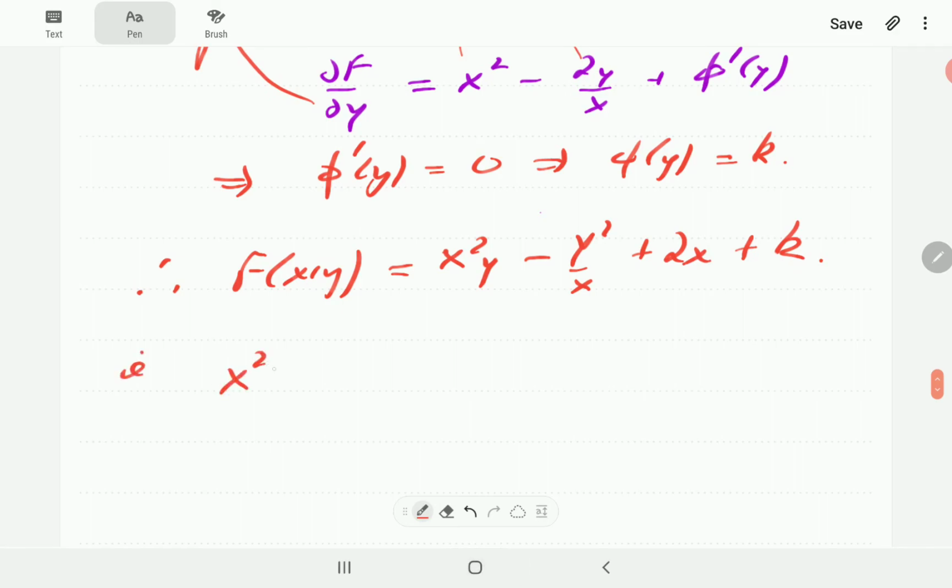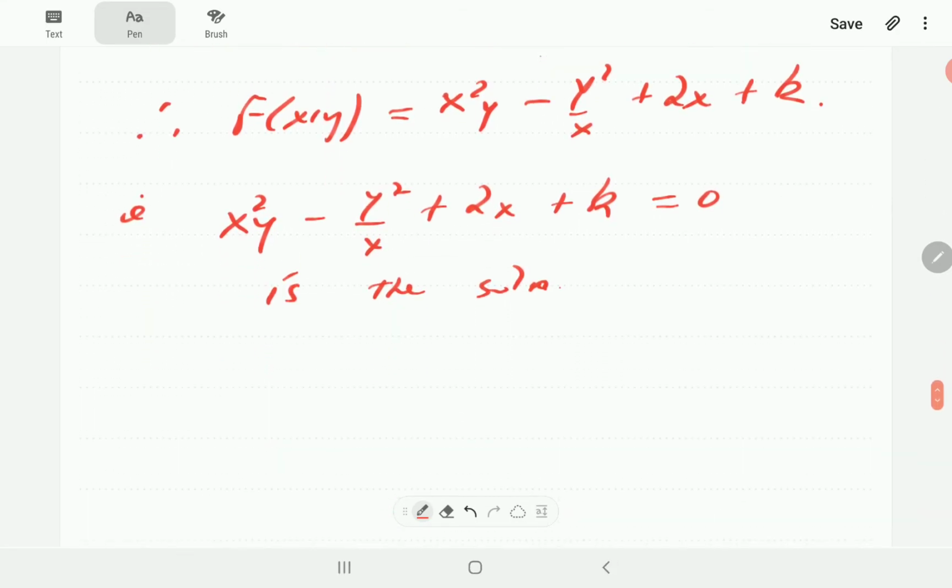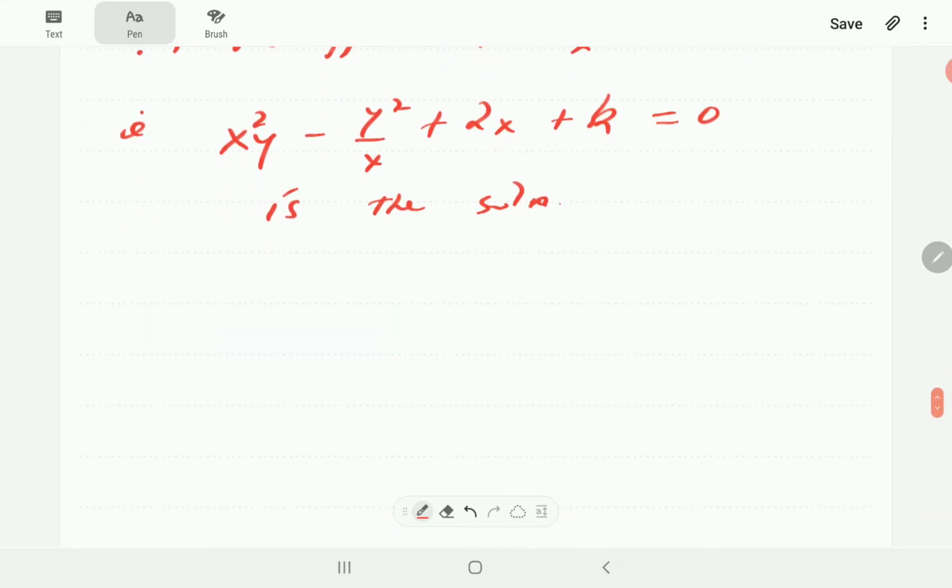So x squared y minus y squared over x plus 2x plus k equal to 0. So that is the solution of the ODE. Okay. All right, so that's the first one. We are now going to go to the second one.